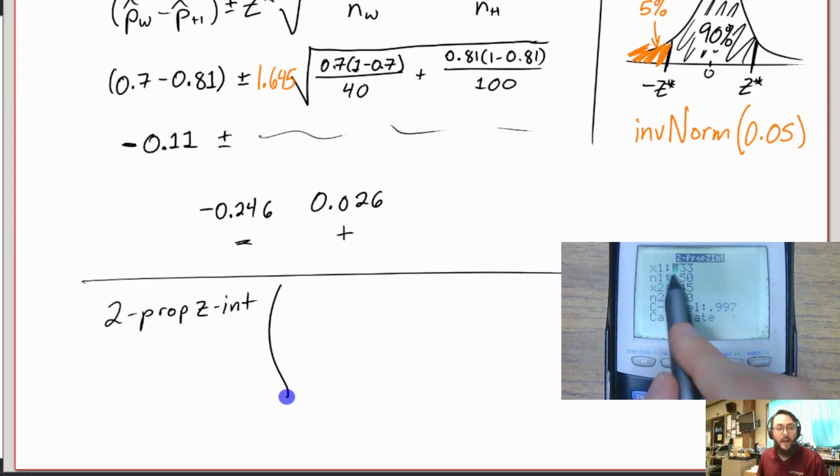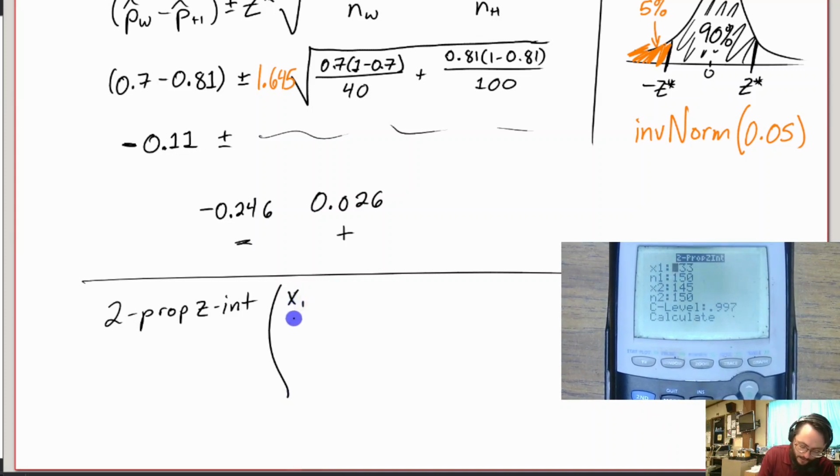Now our x1 is the number of successes. x1, n1, x2, n2. Now I think the n's are fairly self-explanatory. Those are our sample sizes, right? So 40 and 100. So we'll change that, 40 and 100.